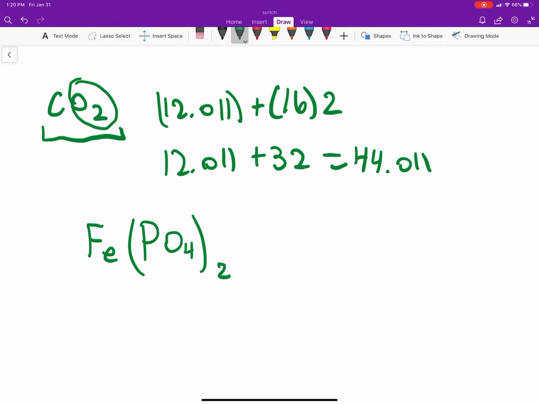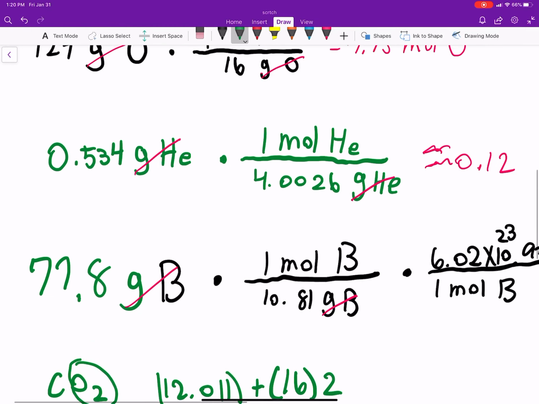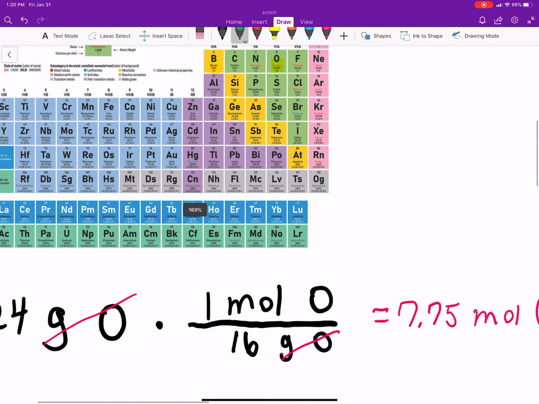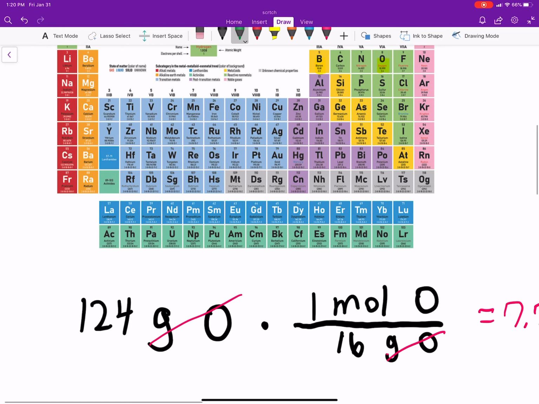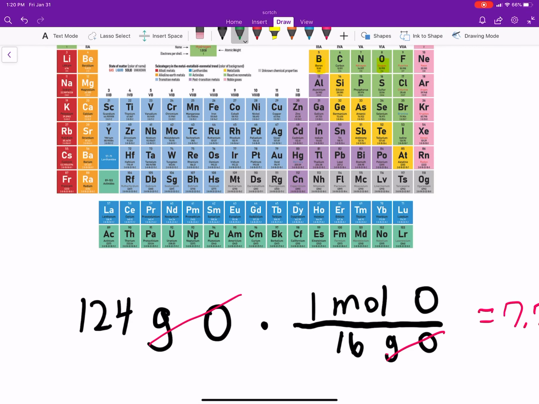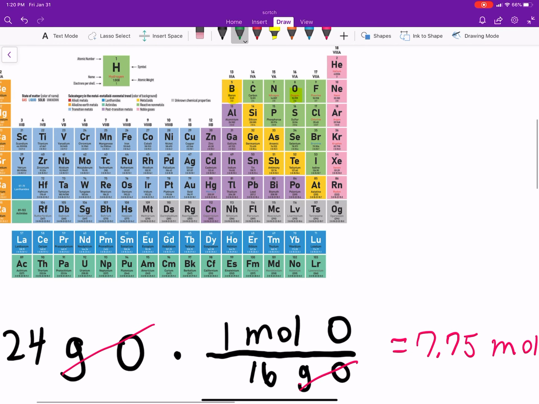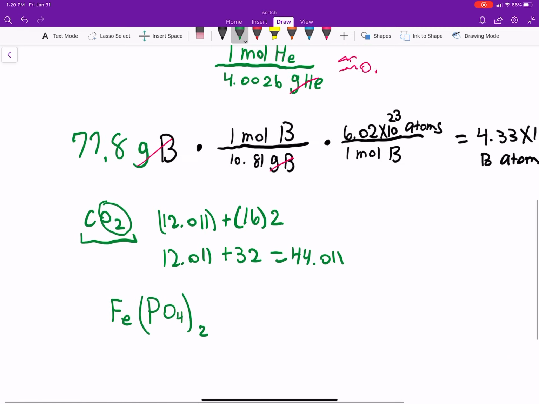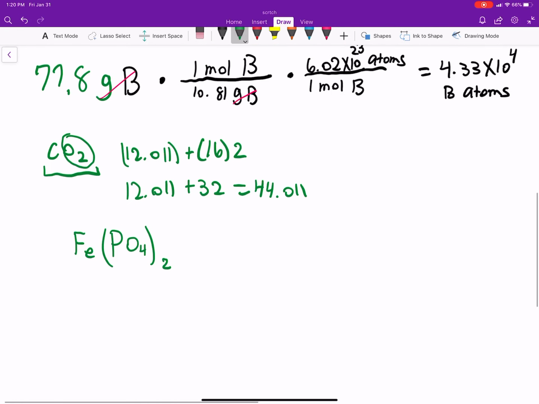Okay, so we have this. Well, iron is just what iron is. I have a periodic table in front of me, and then I have this one, so I gotta remember you guys can't see it. Iron is 55.845, right? Phosphorus we have there. Oxygen we have there.